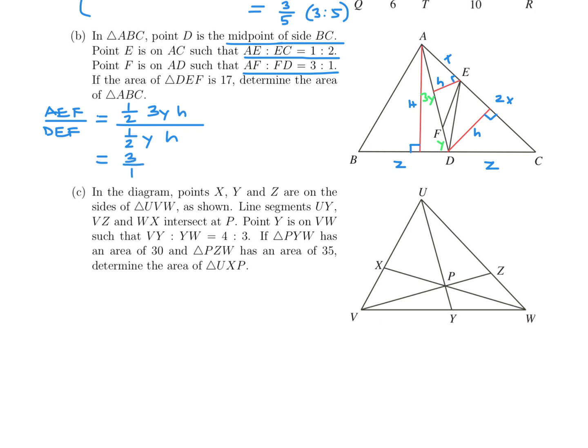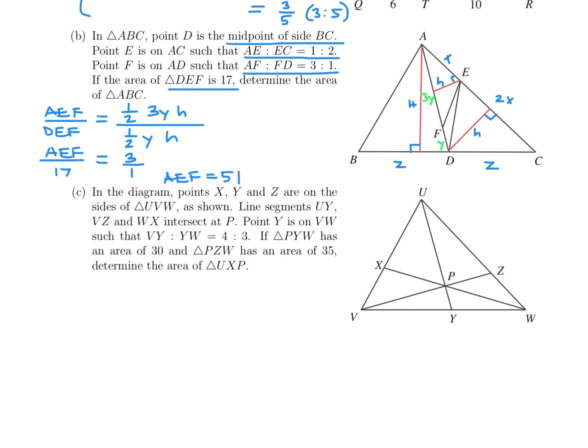But DEF, they told me is 17. So on this side, I can put a 17. And therefore, AEF is equal to 3 times 17, which is 51. So AEF is 51. So that's very helpful.